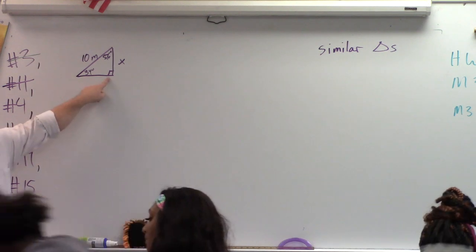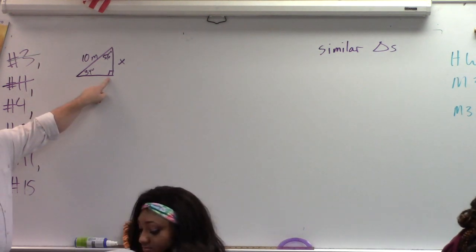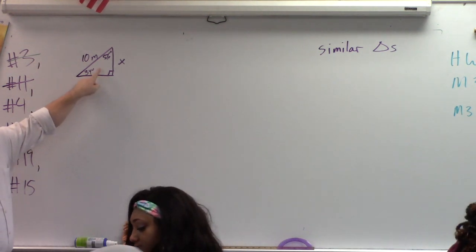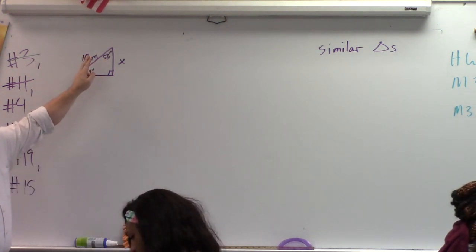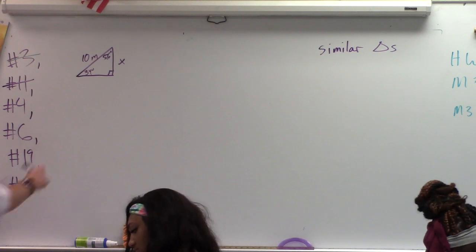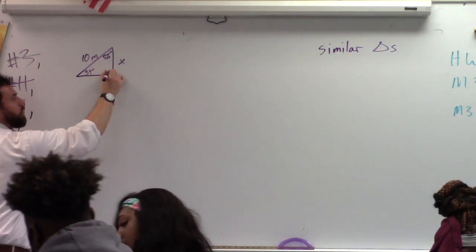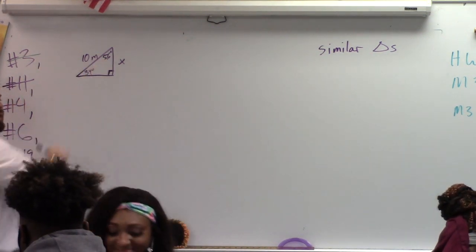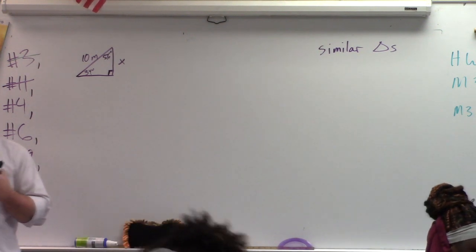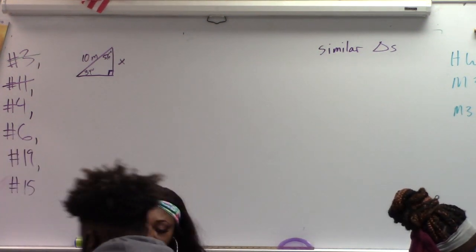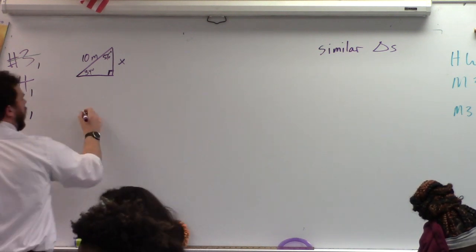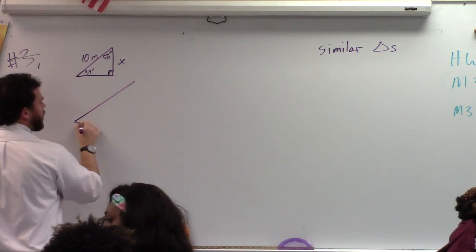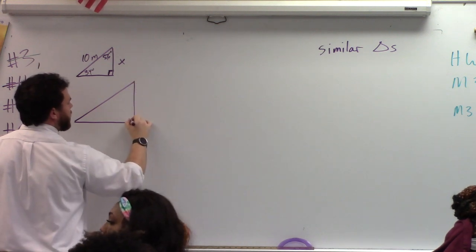If this angle is 90 degrees, what do the other two angles have to add up to be? 90. Remember, if there is 90 degrees tied up right here, the other two angles have to add up to be 90. That's a quick way to figure out what that third angle is. And what do we know about all triangles that have a 34, 56, and 90 degree angle?